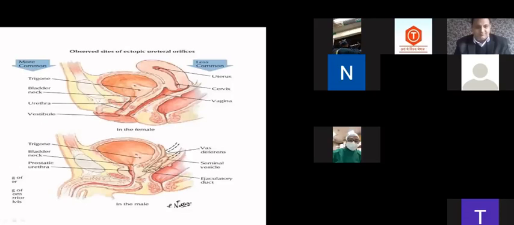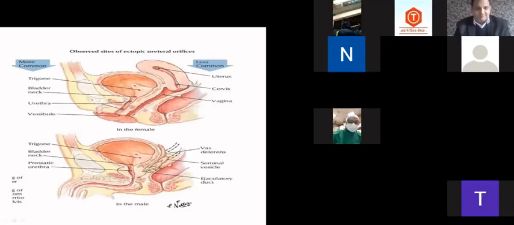The less common locations are the uterus, the cervix, and the vagina. Similarly, in the males, the more common locations of ectopic ureteral orifice are the trigone, the bladder neck, the prostatic urethra, and the less common locations are the vas deferens, the seminal vesicles, and the ejaculatory duct.